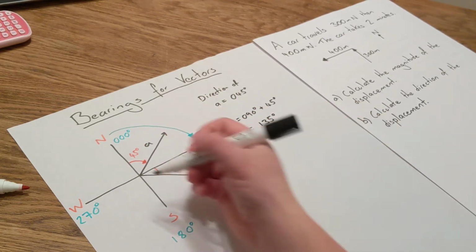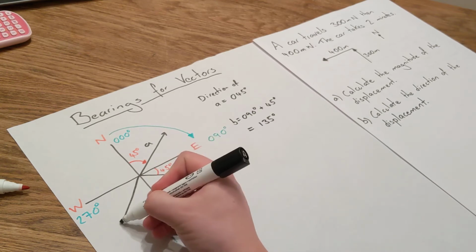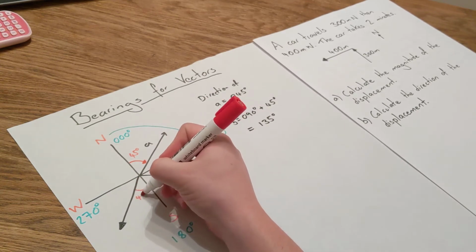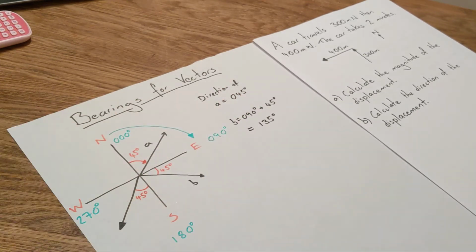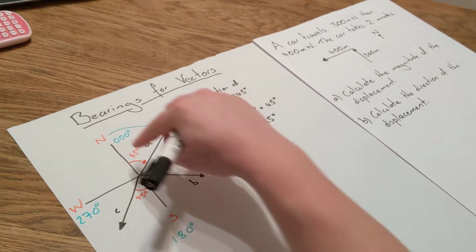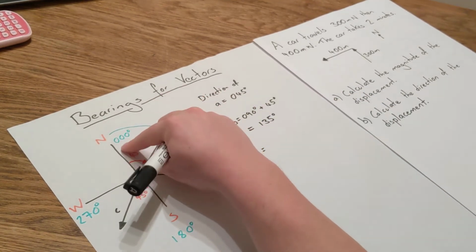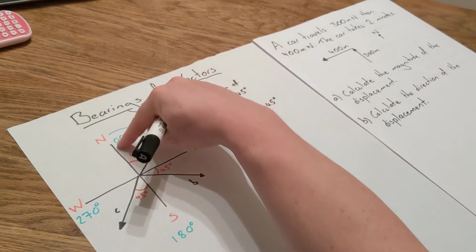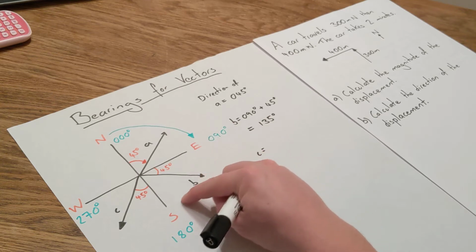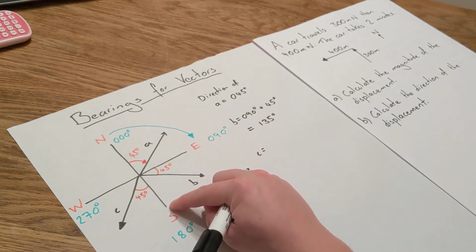So if I had a vector here, and again I knew this was 45 degrees, let's call this one vector C. We start from north again. We always measure from north. By the time I come around here, I've got to 90 degrees. By the time I come around here, I've got to 180 degrees.